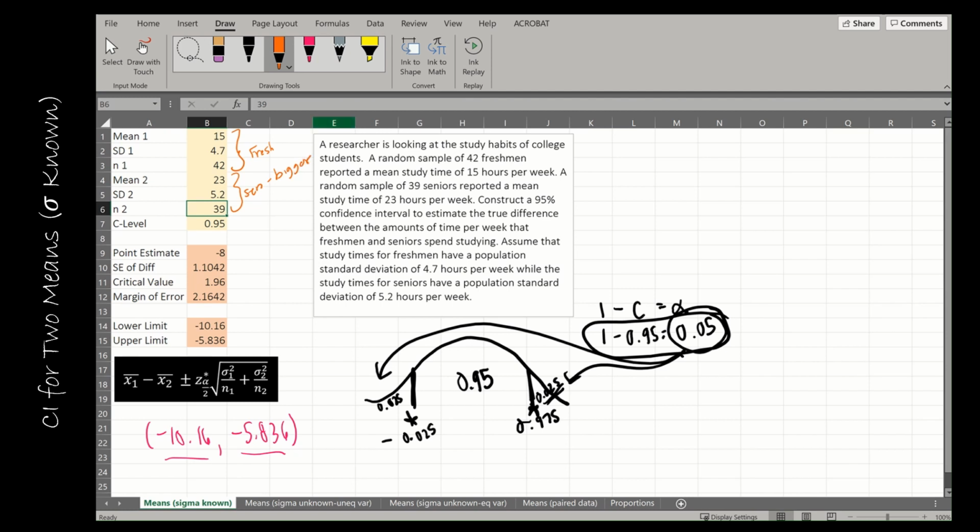So I'm going to say, I am 95% confident that the true mean difference of study time between freshmen and seniors is essentially that seniors study 10.16 to 5.836 hours more, or that freshmen study 10.16 to 5.836 hours less per week than seniors.